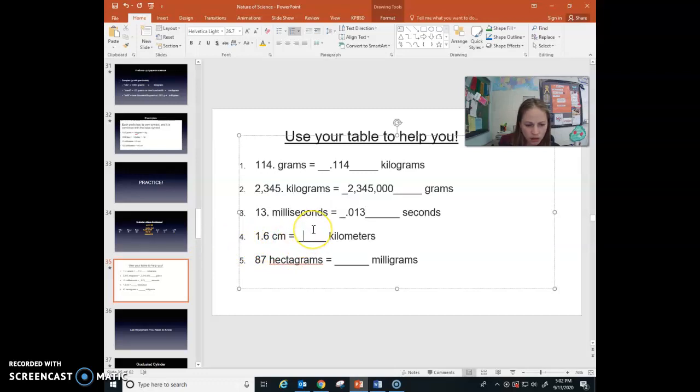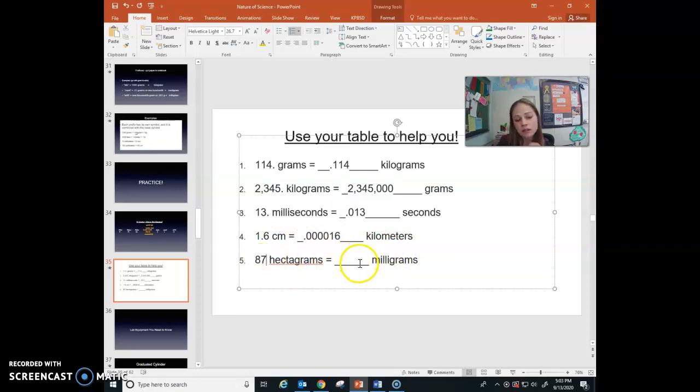So I think it's going to be, let's see, 1.6. I believe that is correct. Let's check. If I started it here, 2, 3, 4. Oops, it's one more because I counted wrong. Okay, so 1.6 centimeters is equal to that many kilometers.